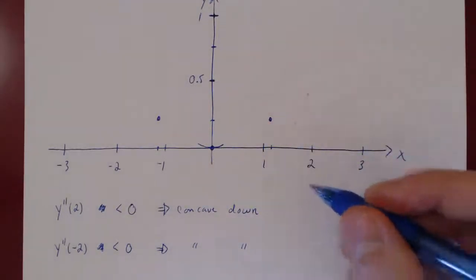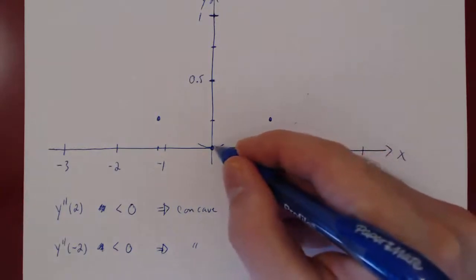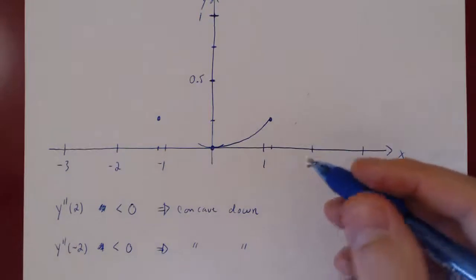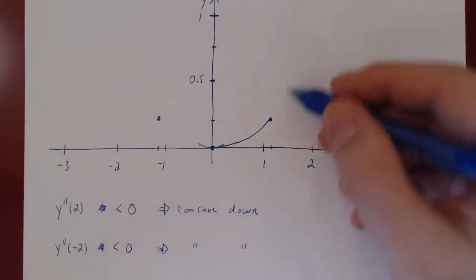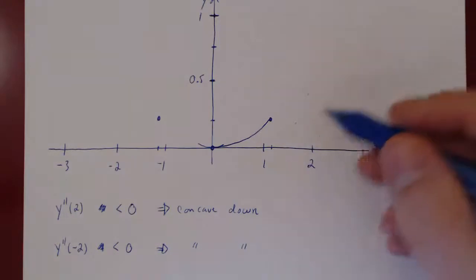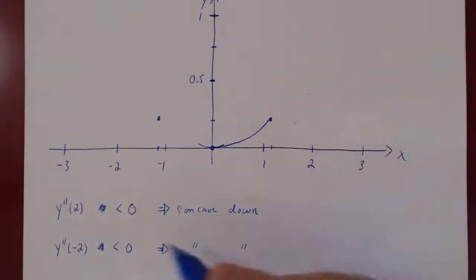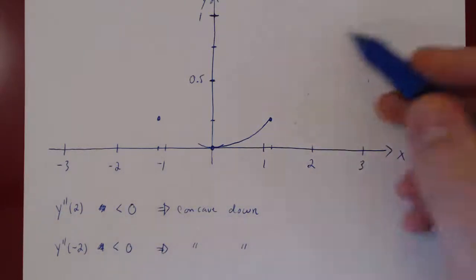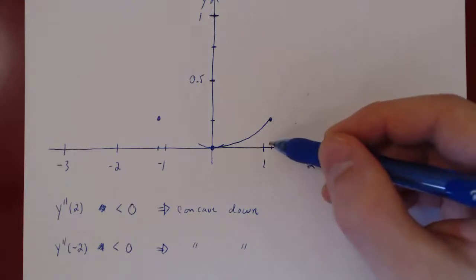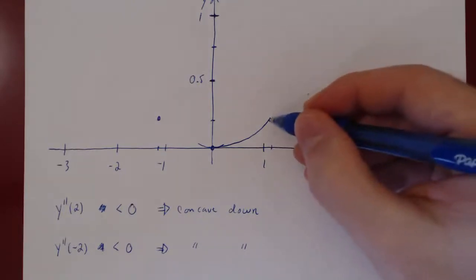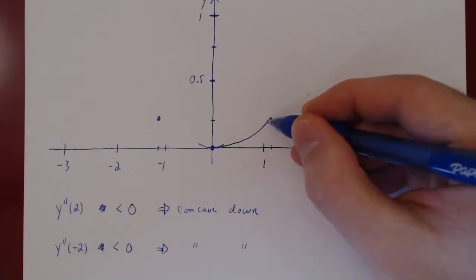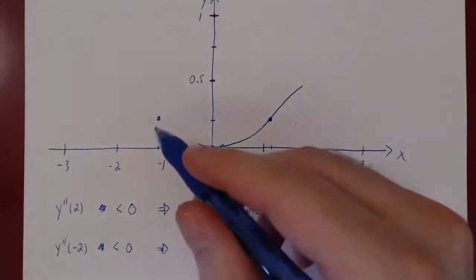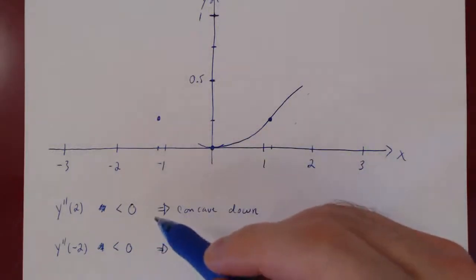So there will be a change in concavity, so we have concave up, and we hit this point, and because we know that beyond 1, there are no other inflection points or possible inflection points, concavity will never change again, and because at 2, the curve is concave down, it will be concave down for every value to the right of our point, and so the curve will go from concave up to concave down at this point. And the same goes for negative 2 over root 3, right?